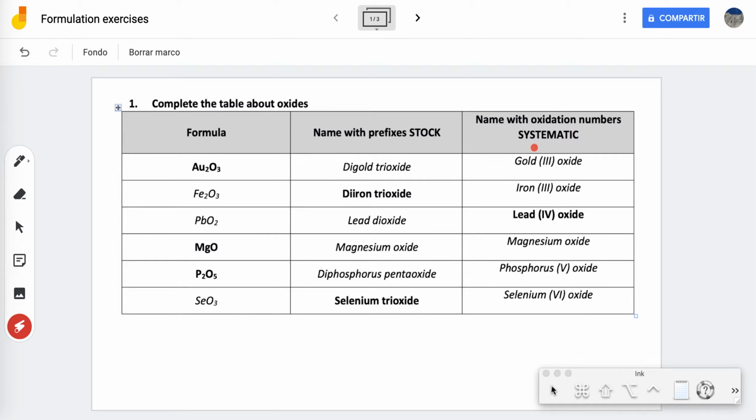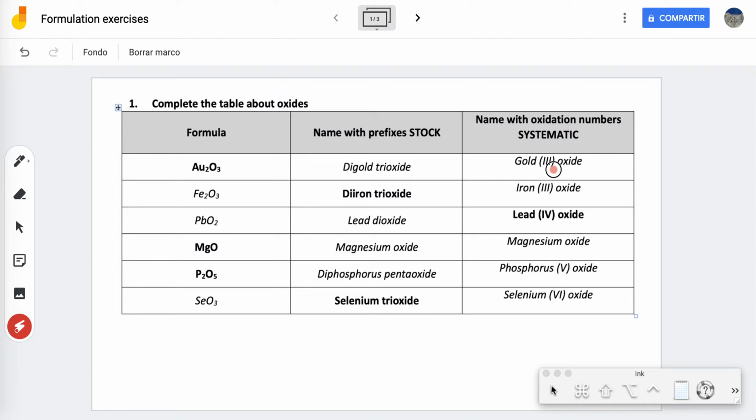We have then systematic, and we're going to use Roman numerals to make known that the element before the number is going to use this number as an oxidation number.